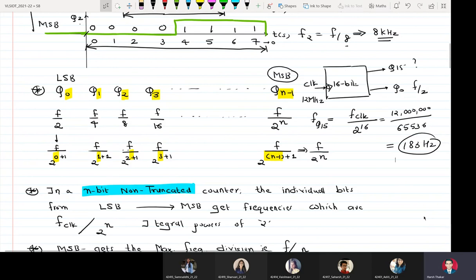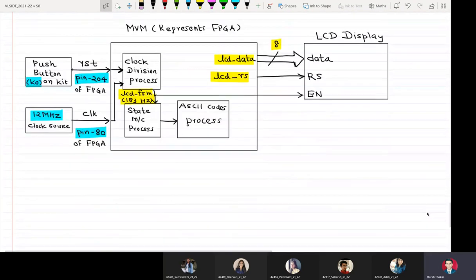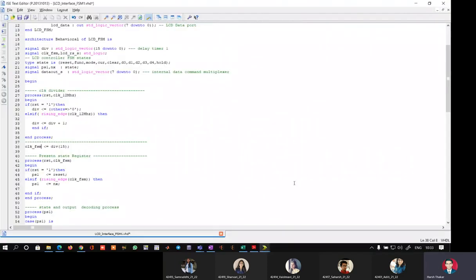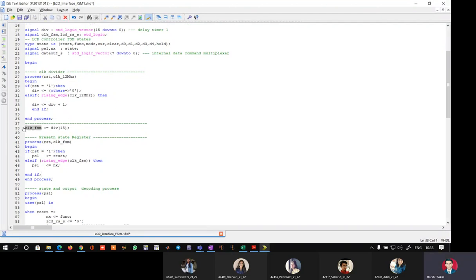That is why students, in the block diagram here I have told that the output of the first process, which is clock underscore FSM, is 183 hertz. Why have I shown a connection between the first and second process through clock underscore FSM? It is here. So the MSB bit of the 16-bit counter is assigned to clock underscore FSM.